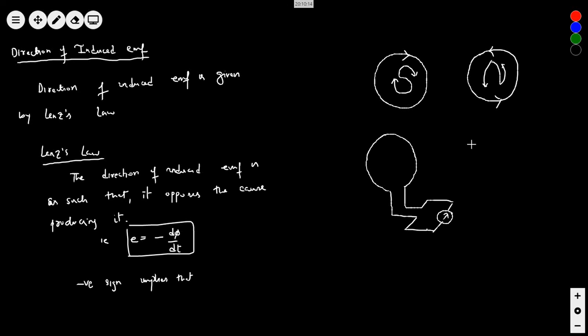Here is the axis. This is the bar magnet, this side being north, this side being south. Let's say this bar magnet is going towards the coil. Now please tell me what will be the direction of current in the coil. In which sense? Clockwise or anti-clockwise?